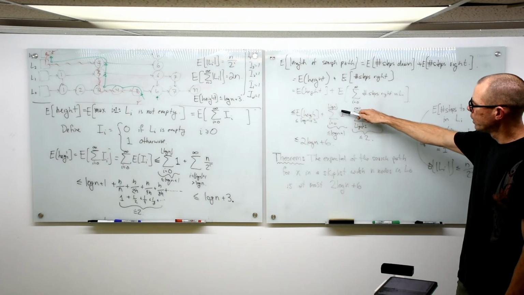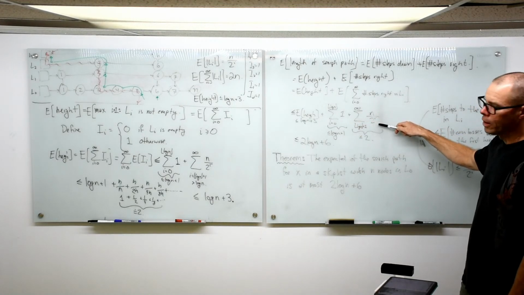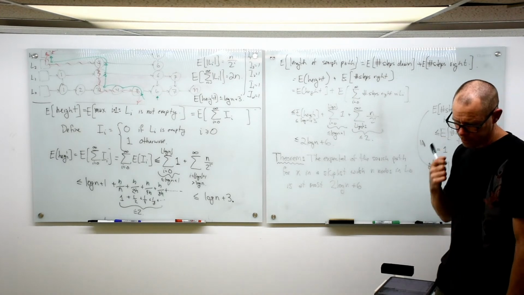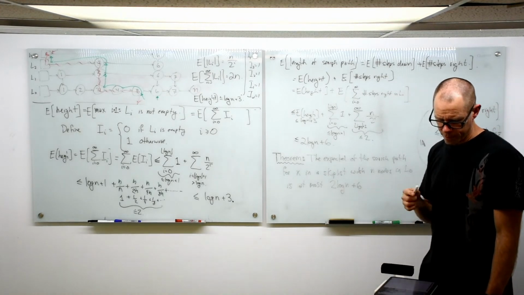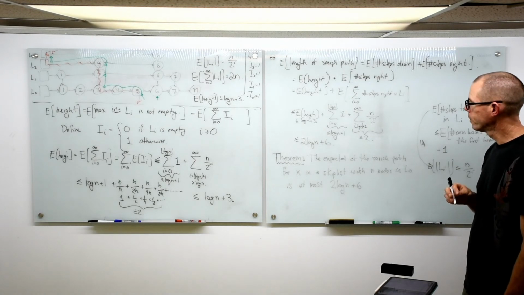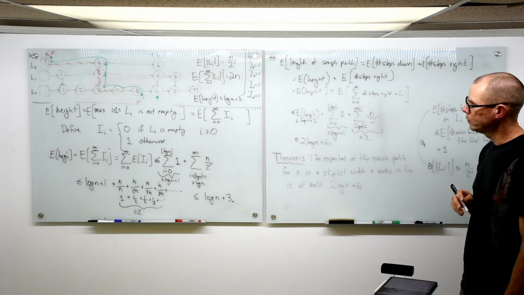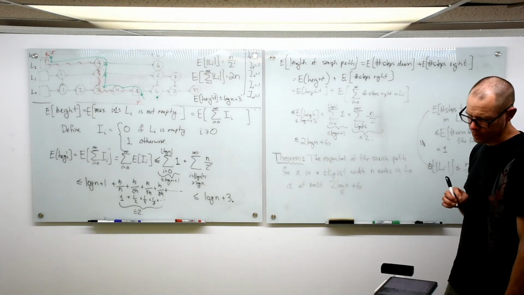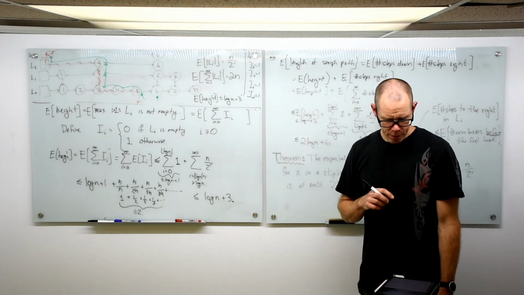If this is equal to log n plus 1, then this starts at a half. But that's not really important.